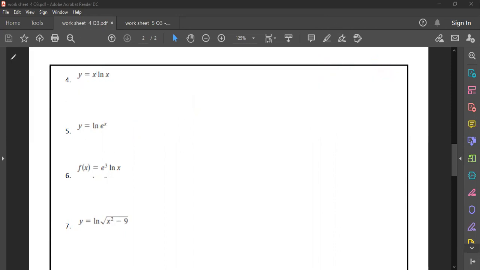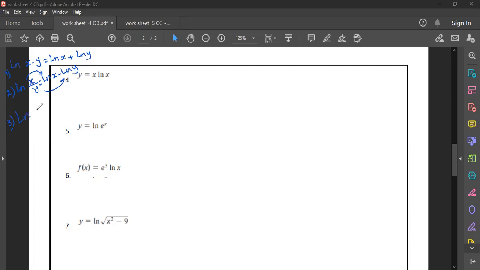Look here: ln of x times y will be ln x plus ln y. It means ln of a product of two functions will be ln the first plus ln the second. That is the first rule. What is the second rule? Ln of x over y will be ln x minus ln y. Ln of a quotient will be ln the numerator minus ln the denominator.